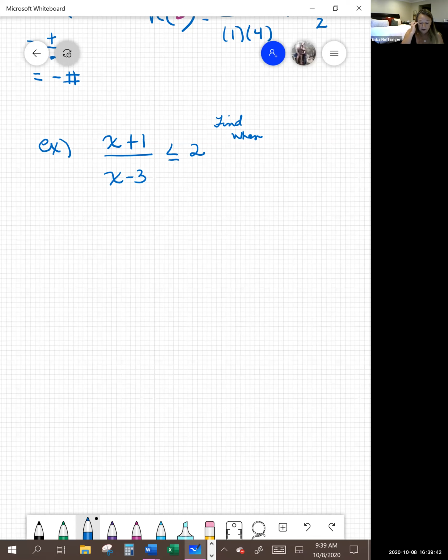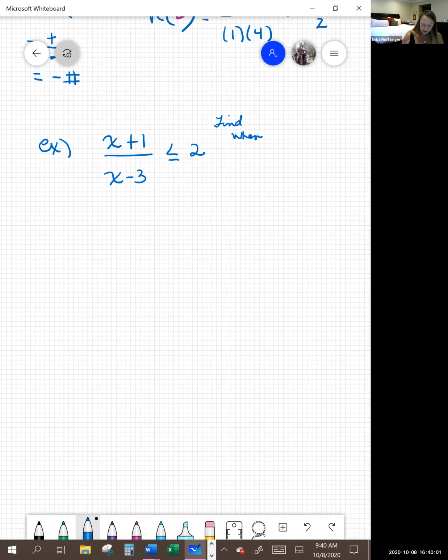We have to be careful here. A lot of times students want to just get rid of their denominator by multiplying both sides. The problem with that is that our denominator has a variable, and that's where our asymptotes are going to occur. And so you're going to exclude that value when you do that.